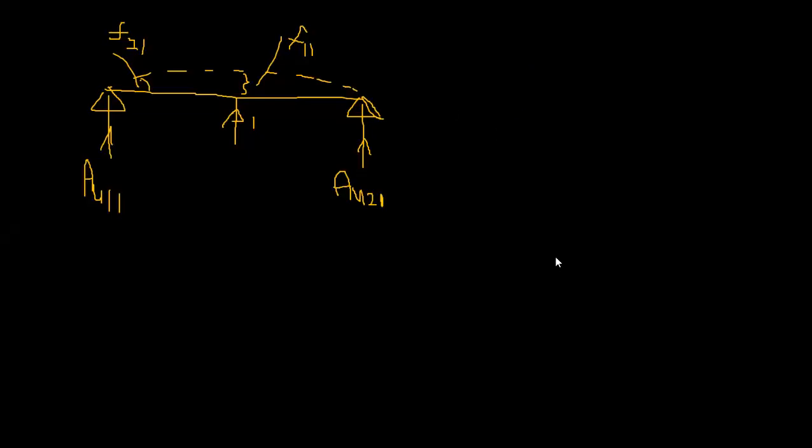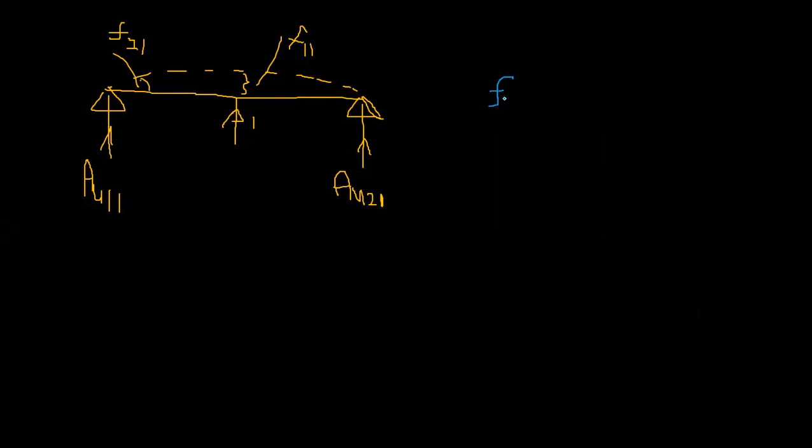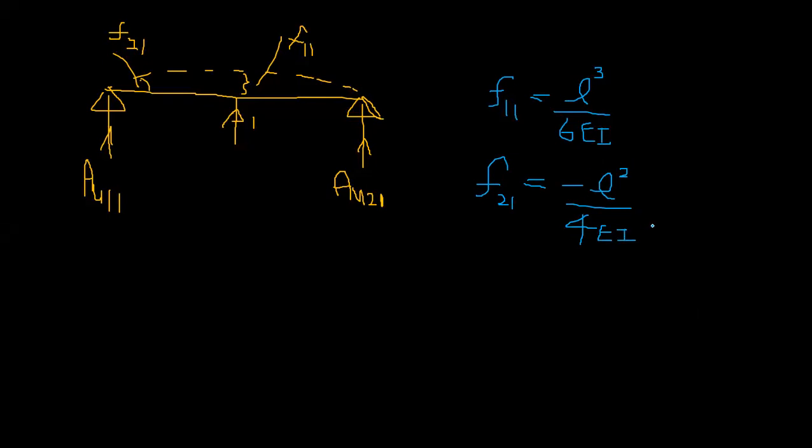F11 is L cubed over 6EI, and your F21 is minus L squared over 4EI. Why minus? We took the magnitude from the appendix, but it is in the anti-clockwise direction, which is against our sign convention.